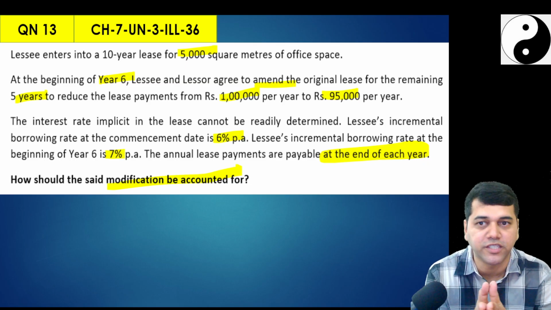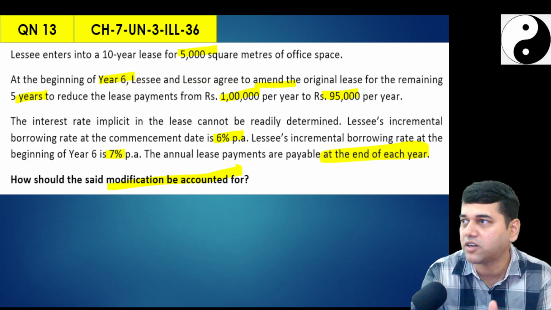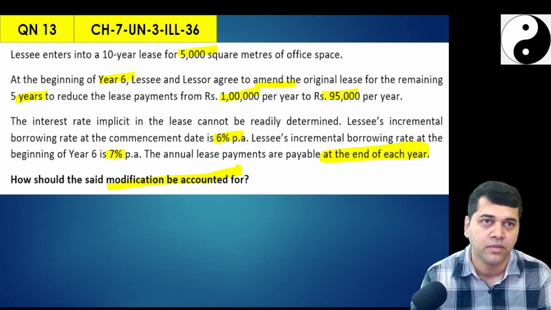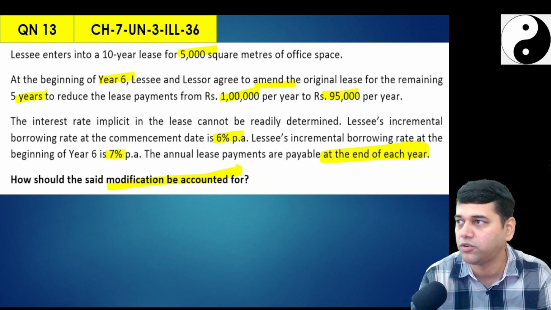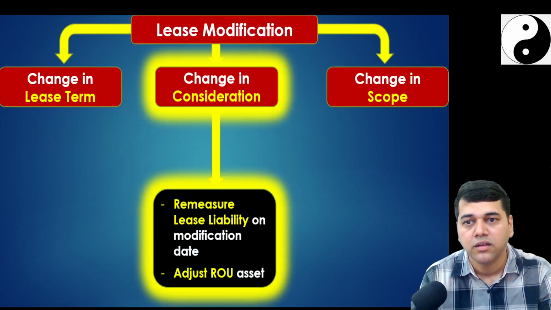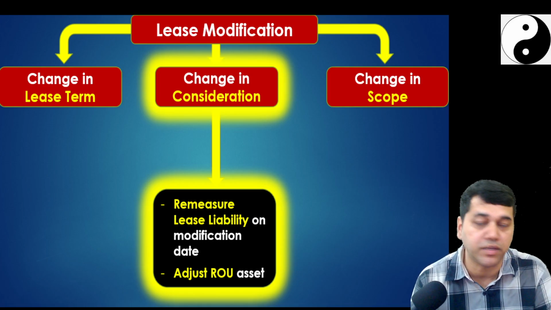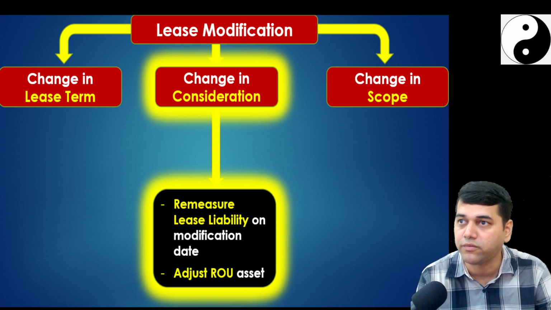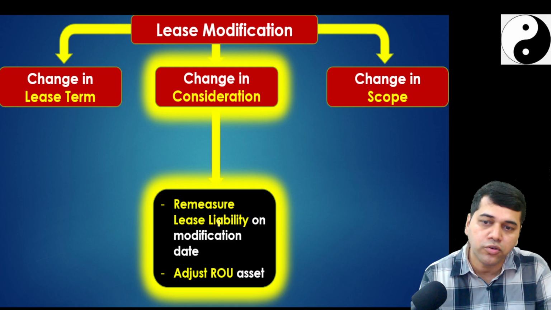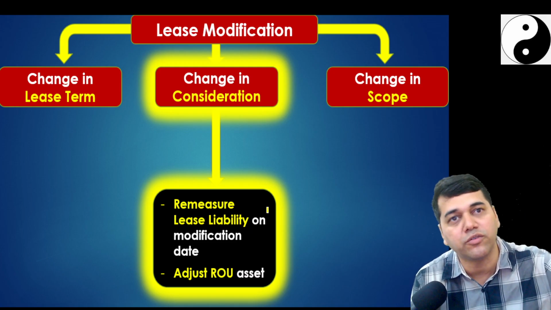What type of modification is it? Change in the consideration, neither quantity nor the term changes. Now, it's just a matter of remeasurement. When I do the remeasurement, again, in all remeasurement cases, don't go back to the original discount rate, because it's a modification. We are going to remeasure using the new discount rate for the remaining period.